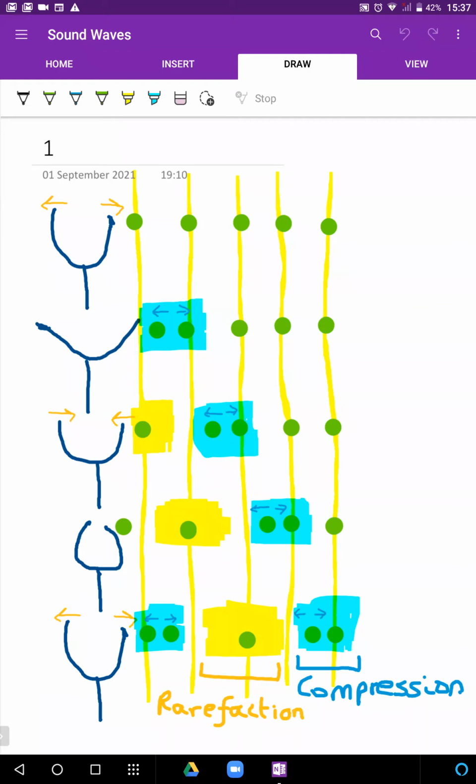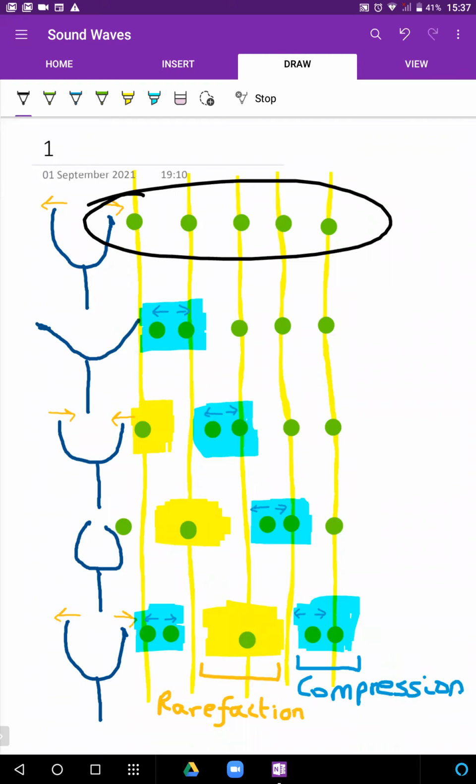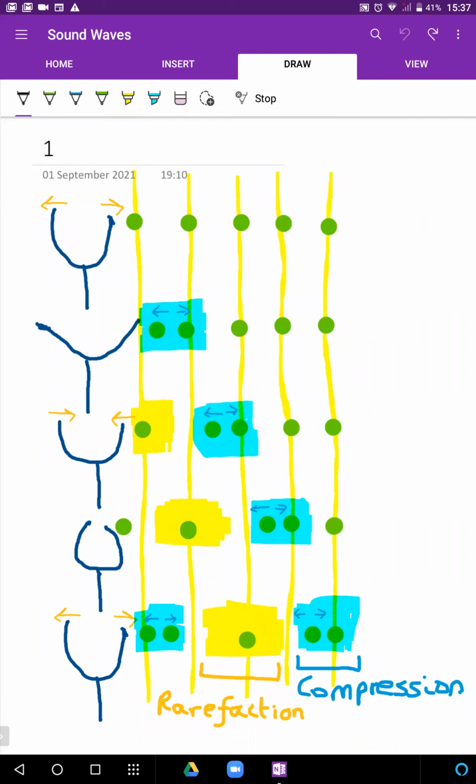Okay, so for instance, if I have a tuning fork over here, the tuning fork causes the surrounding air molecules to start vibrating and they start propagating sound in this direction.